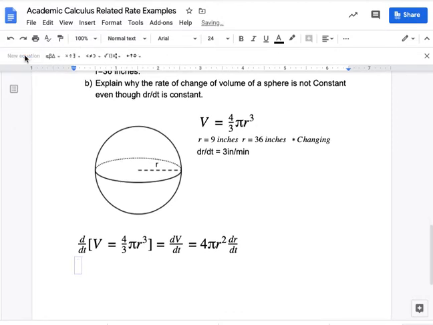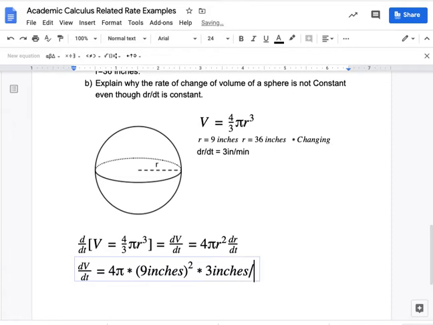So new equation: dV/dt is going to be equal to 4 pi times 9 inches squared, because we want to make sure we get our units correct here, and that is multiplied by 3 inches per minute.